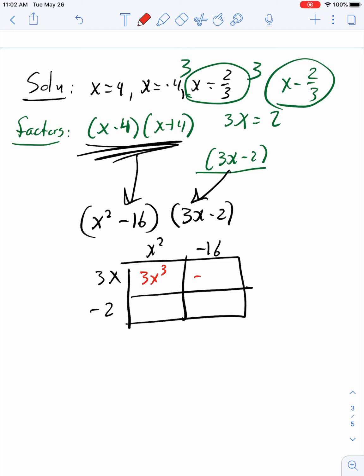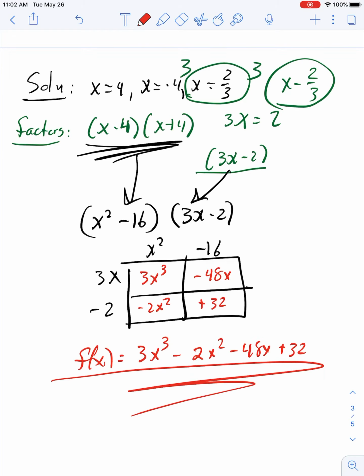So therefore now multiply things out. You have 3x cubed minus 48x minus 2x squared plus 32. And therefore your function, 3x cubed minus 2x squared minus 48x plus 32. Okay, and that's all we're doing.